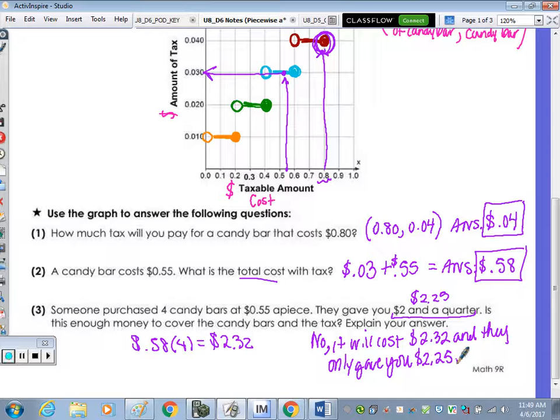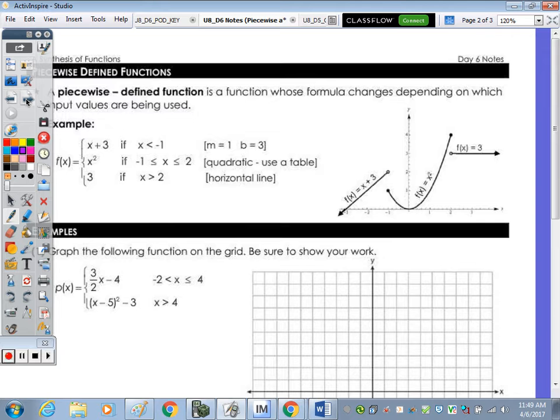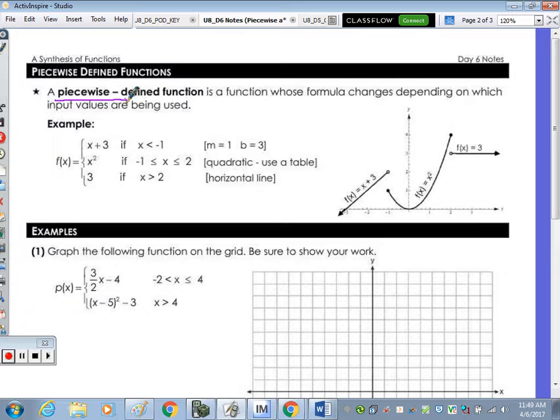All right, last function is the piecewise function, and its name is also very fitting. So if we take a look at the top, it says a piecewise function is a function whose formula changes depending on which input values are being used, and your input values are your domain.